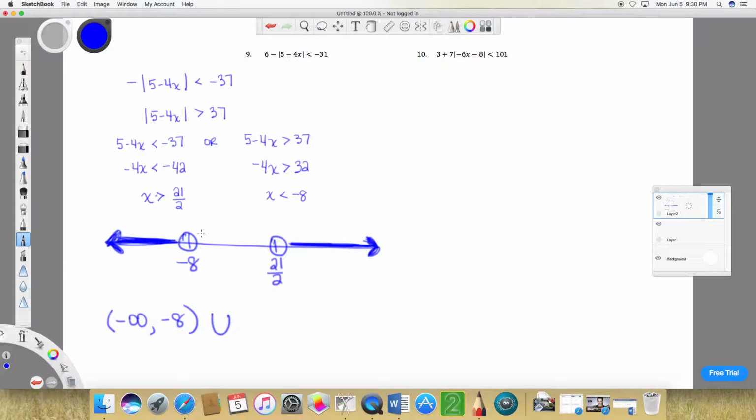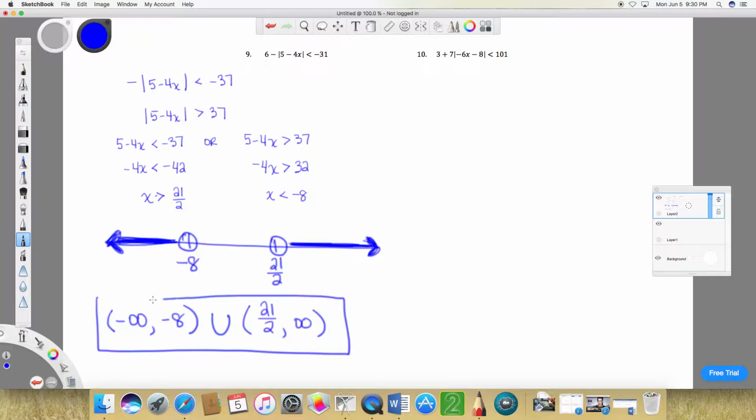Then since there's a gap in my graph, I have to use a union because either you're in this interval or you're in this other interval that is from 21 over 2 out to positive infinity. So here's my solution set for this absolute value inequality in problem number 9.